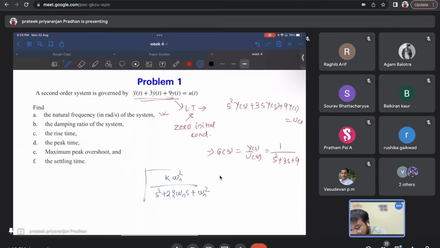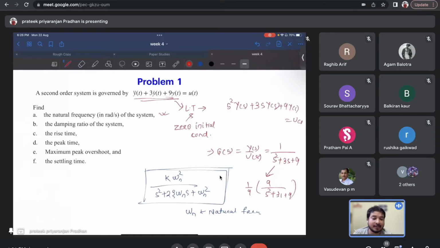This is a standard second order system expression, where omega n is the natural frequency. Converting to a similar expression, I can write 1 by 9 into 9 divided by s square plus 3s plus 9. Then what's the natural frequency? It's 3.